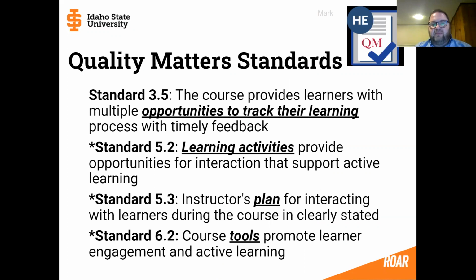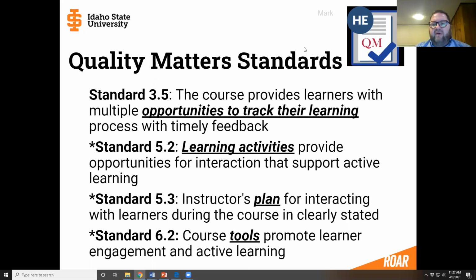We talked a little bit about some Quality Matters standards earlier with standard 5.2, but I think this also applies to a couple others, and I've listed them here. Standard 3.5 is giving students the ability to track their learning with timely feedback.